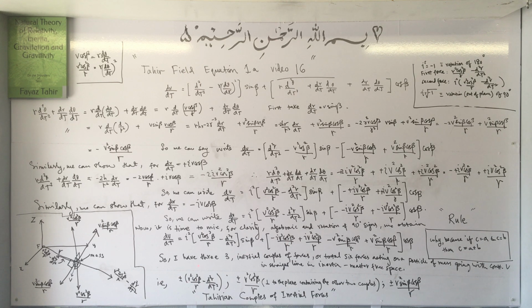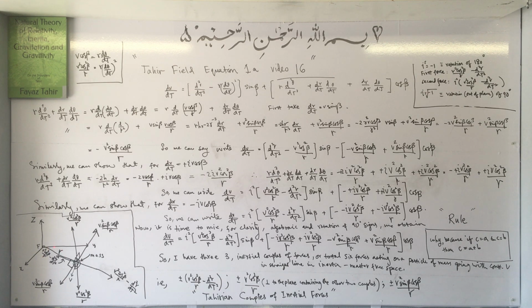So plus minus v square cos square beta over r minus d square r over dt square is the first couple of forces. One in this direction, which I have shown in this diagram. Let's say the positive is centripetal, so it is directed towards one focus, because two particles are attracted with respect to the common focus, also called the center of rotation.